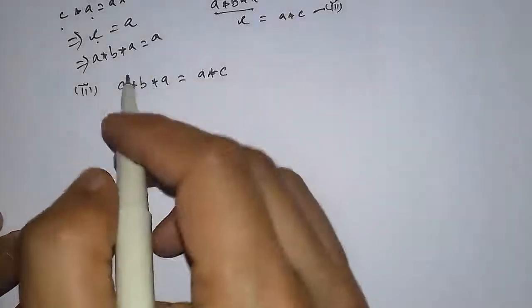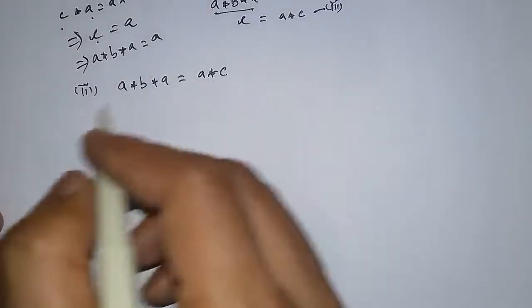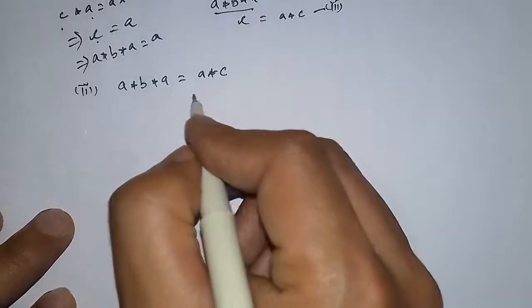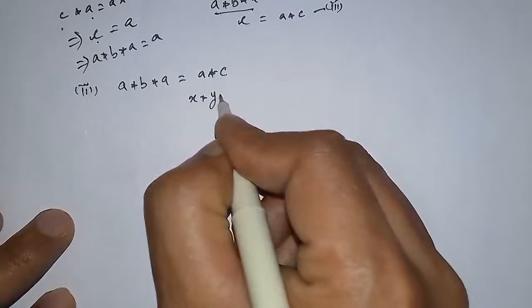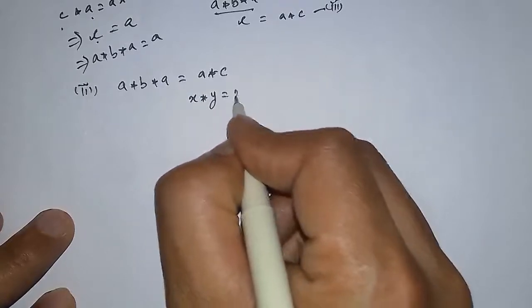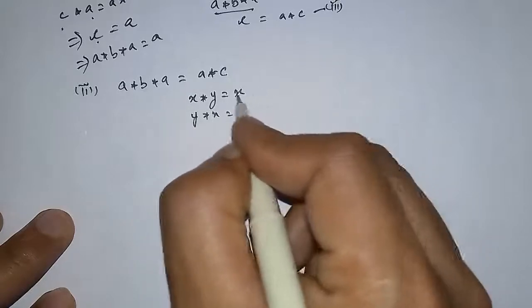Now the third equation is A star B star C is equal to A star C. We have to prove this. The approach we will use here is that we will prove x star y is equal to x and y star x is equal to x.